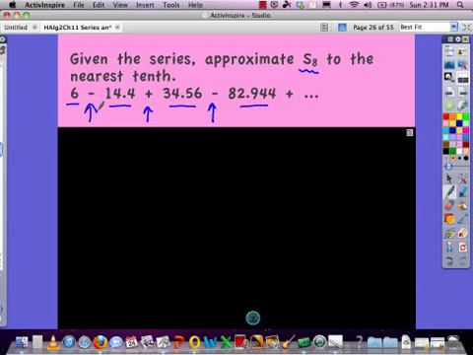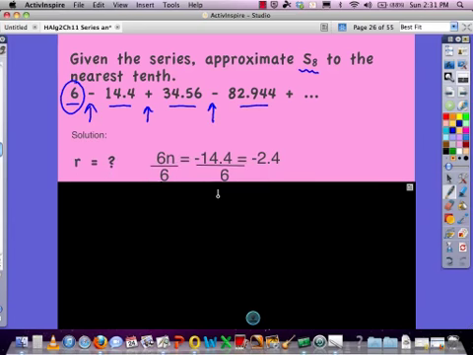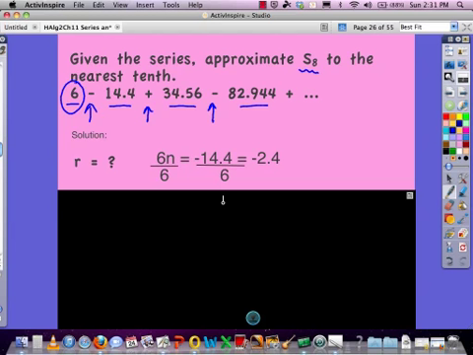So based on that geometric series, the formula said we needed our first term, which we have, that's 6. We needed also our constant rate. Well, we can't see our constant rate here, but we can definitely calculate it. So let's go. If we take that first term, 6, times some r value, we know we have to get to negative 14.4.